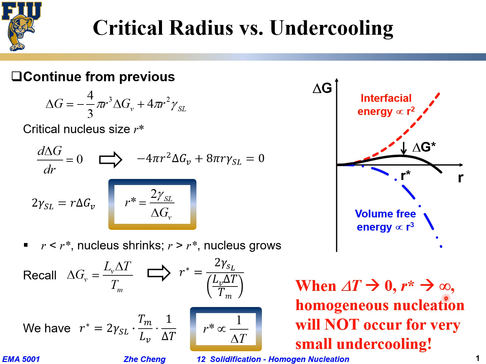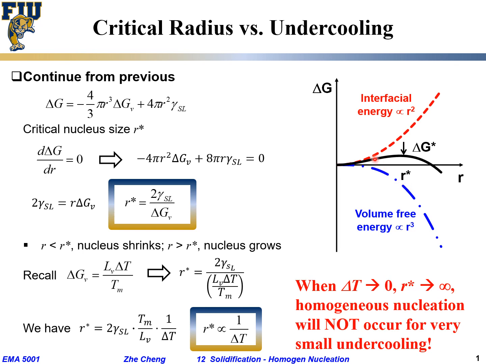That's another way to say that solidification by homogeneous nucleation, forming a uniform solid cluster, will not occur for small undercooling. Small undercooling means delta T is small. But r star is infinity, which means what? Any size cluster I form would be smaller than r star.